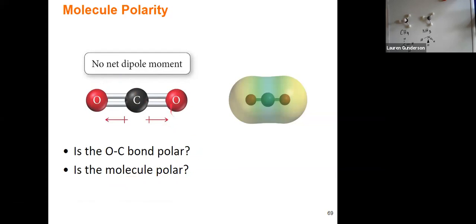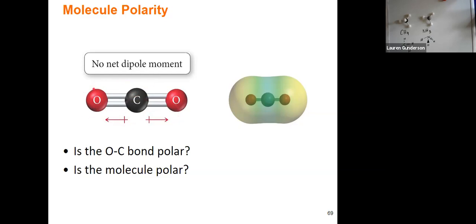Okay, now what happens if we have a dipole moment going in this direction and an exactly equal dipole moment going in the opposite direction? Well, these two things cancel one another out. There is no negative end and positive end of this molecule because you have these oxygens that are both equally pulling on the electrons that are present in the molecule.